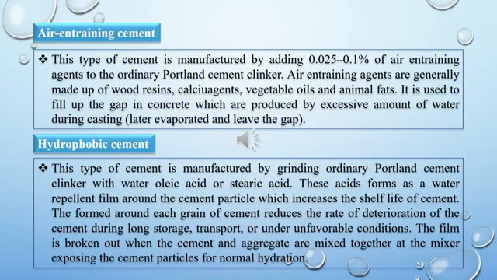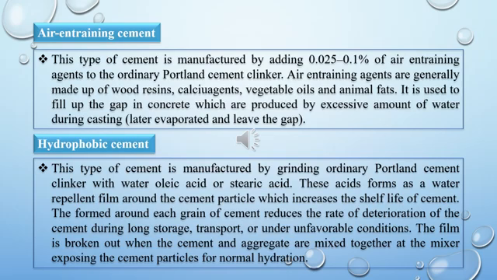So students, air-entraining cement. Air-entraining cement is formed by adding 0.025 to 0.1% of air-entraining agent into the ordinary Portland cement clinker.